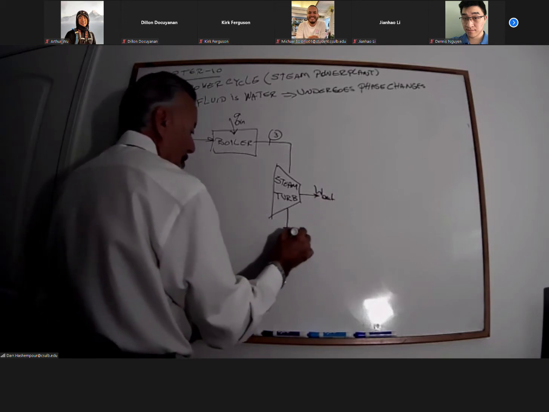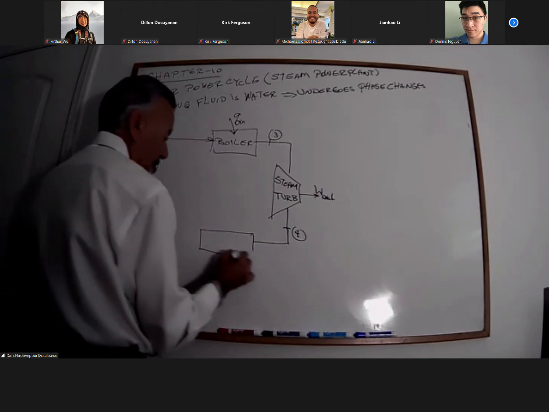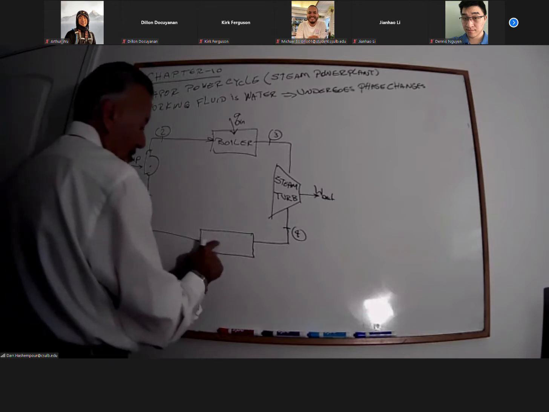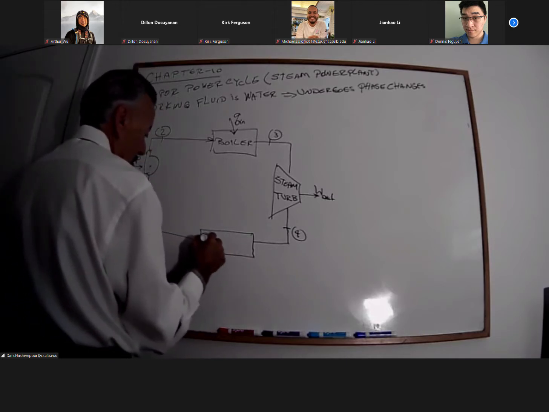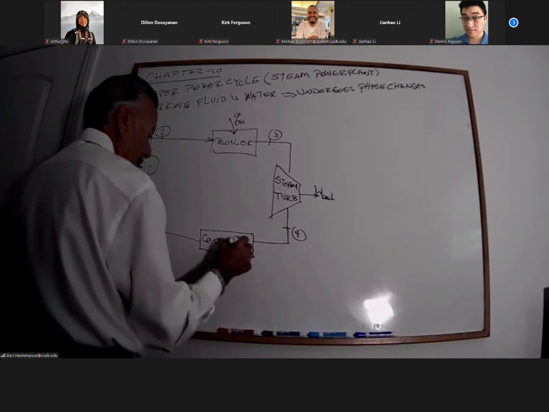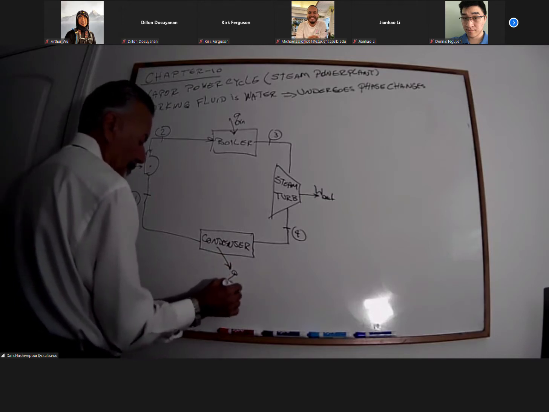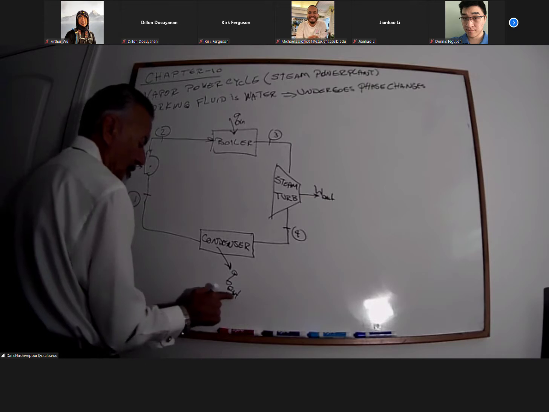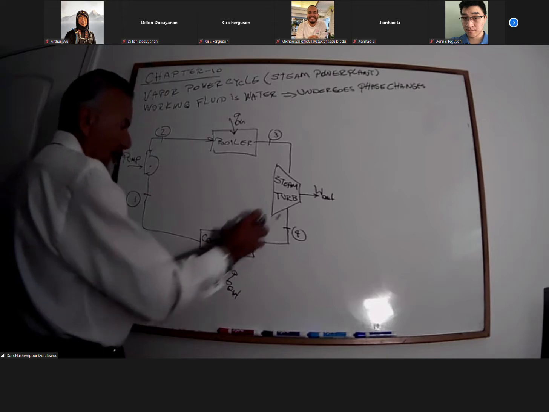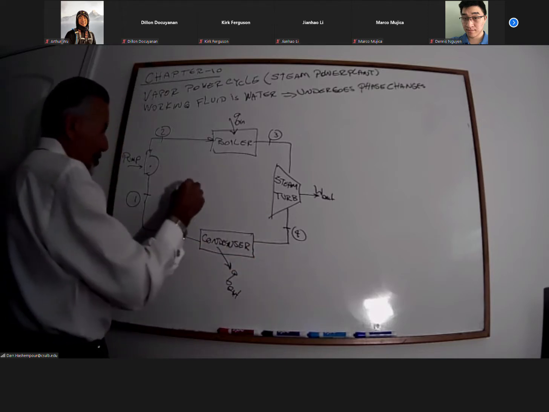Now at point 4, if you remember, we had a heat exchanger to get back to point 1. This time, the heat exchanger is called a condenser. That's where we get our Q out. The condenser is a form of heat exchanger where we remove the heat from the system to get back to our source, which is point 1.